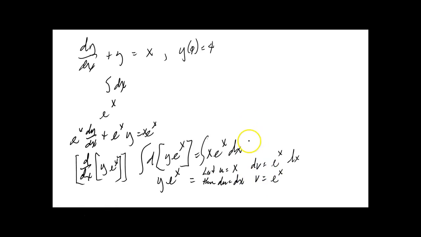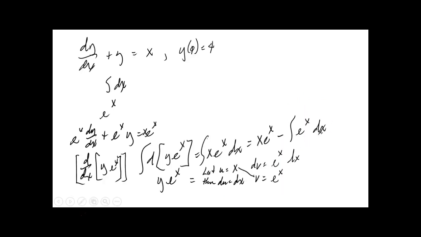So what does this integral over here become? Your u times v, which is x e to the x, minus the integral of your bottom line, which is e to the x dx. Right? That's what's on the bottom. Which is e to the x.